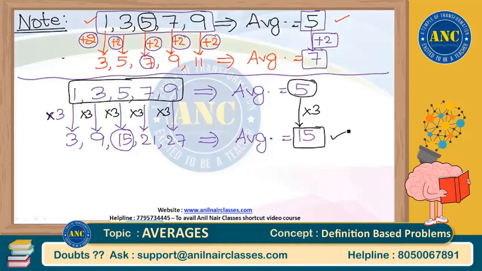If each number in the given series is increased or decreased or multiplied by some constant k, my average also increases or decreases or multiplies by the same constant k, respectively.